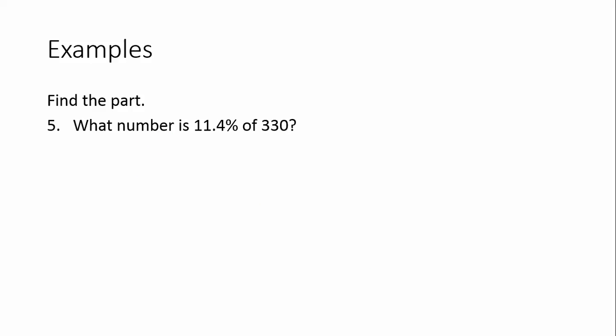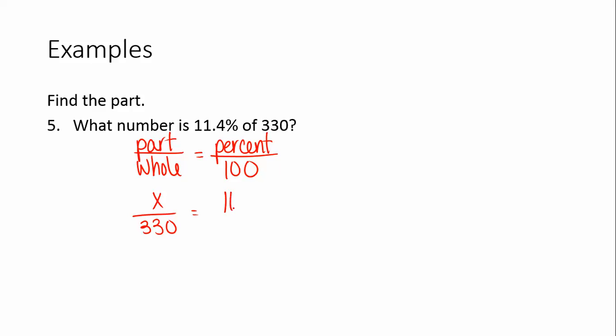Let's look at another example. If you want to try to set this one up on your own, go ahead. But we have part over whole equals percent over 100. So again, x over 330 equals 11.4 over 100.